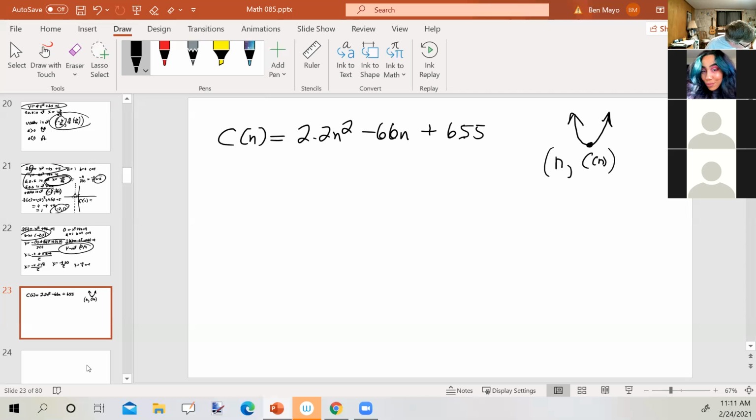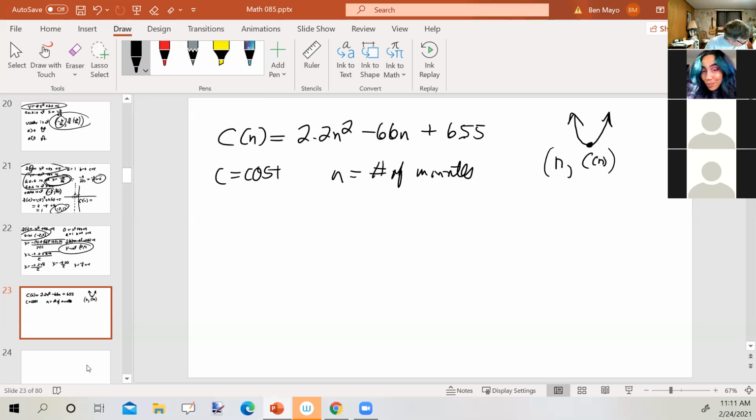What does it say? So the cost in dollars of operating a certain concrete cutting machine, so C is cost, is related to the number of minutes n. N equals number of minutes, okay? So the number of minutes is the input, the cost is the output.